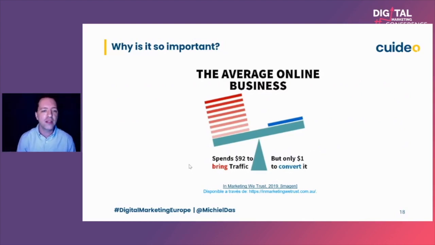And again, why is this so important? Well, because almost no companies nowadays are investing money in CRO, right? So we're investing a lot of money in ads, in marketing campaigns, in our case in radio and television ads, to bring in traffic, and we then send traffic to a homepage or to a landing page which has 100 call to actions, or to a page that we created for SEO purposes.